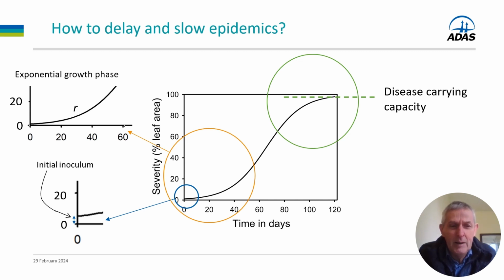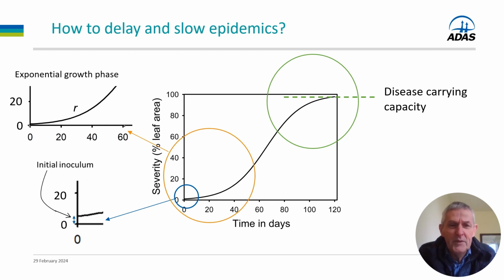So in effect, the epidemic is starting from some small amount of disease coming from elsewhere, and we may be able to do something about that. The next phase, once that disease has arrived, is a phase of exponential growth in the orange outlined circle, during which the disease is growing very rapidly, potentially.